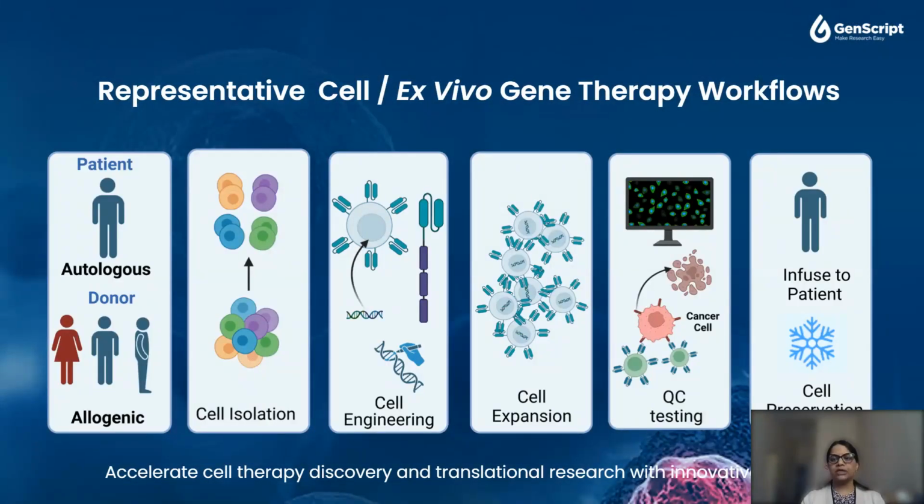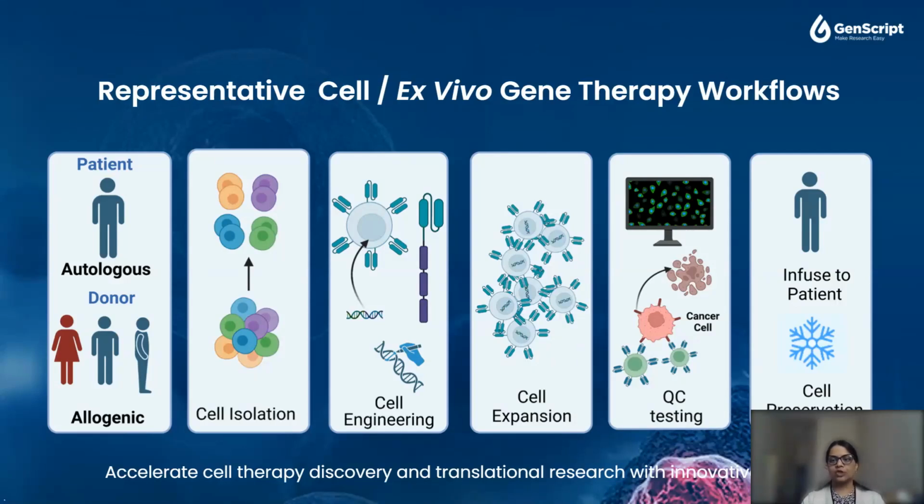So after the completion of target and lead optimization, at the development stage, scientists start considering the manufacturing of cell therapy. The standard manufacturing process for CAR T cell therapy includes cell isolation, where cells are isolated from patients if it's autologous cell therapy, and from a healthy donor if it's allogeneic cell therapy.